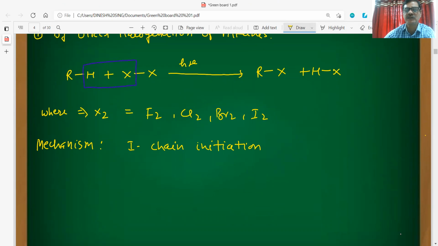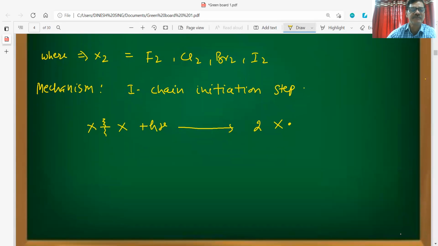So first step is the chain initiation step. X2 plus h nu. So due to h nu, by absorbing one photon, this will undergo homolytic cleavage and 2X dot, the halogen free radical, will form. So this step is called chain initiation step. In chain initiation step, always free radicals will be present on the right hand side.